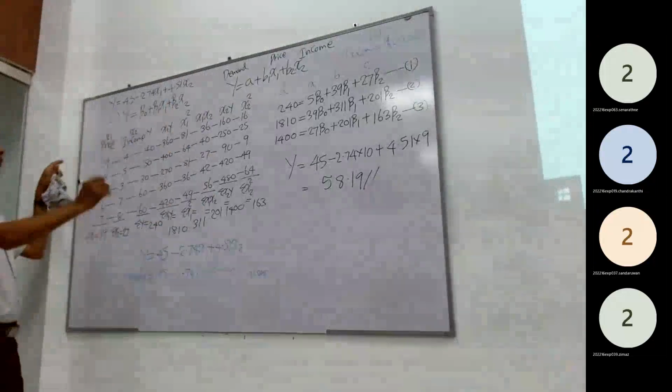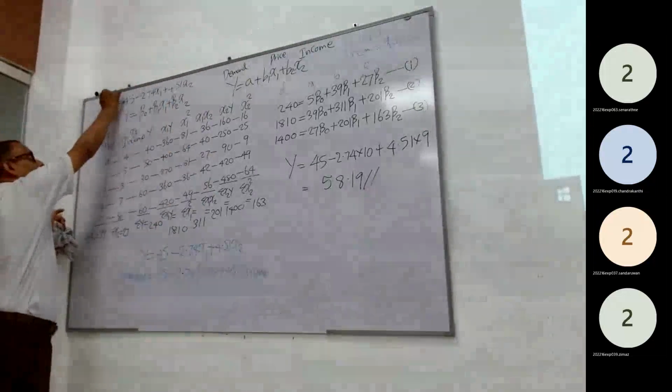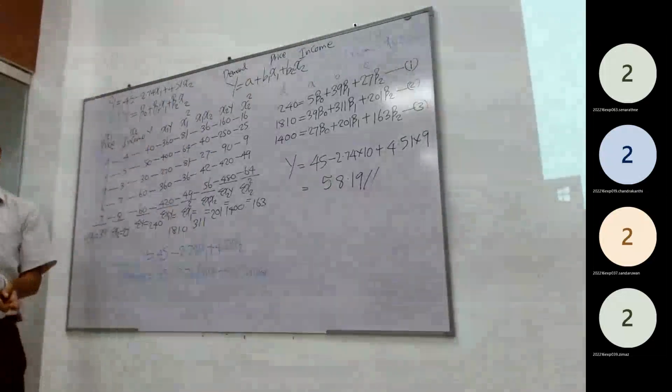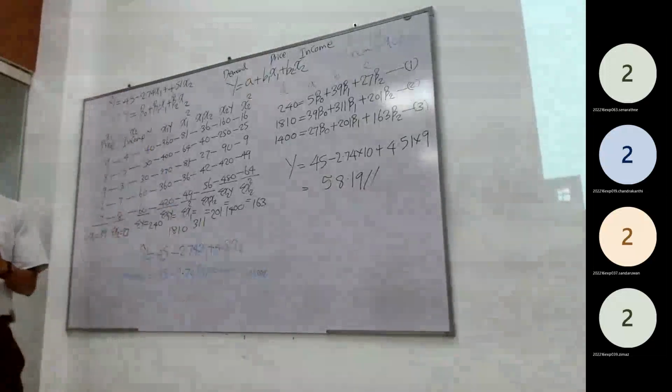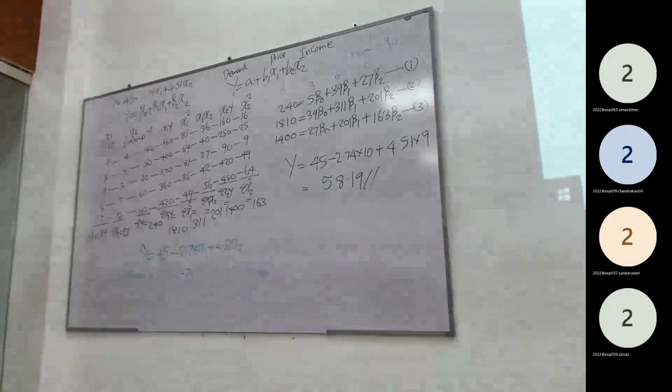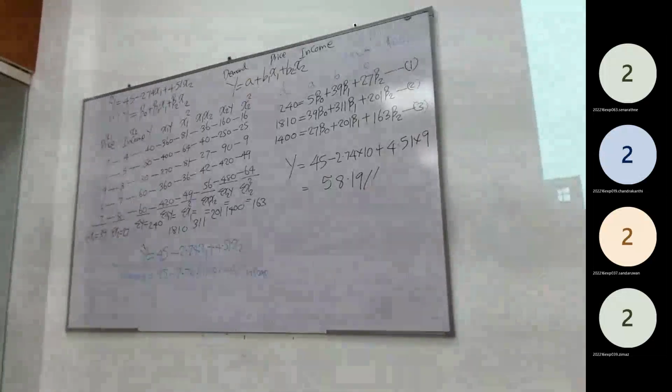This Y actually means the forecasted, predicted Y hat. This is your Y hat model, the predicted model.